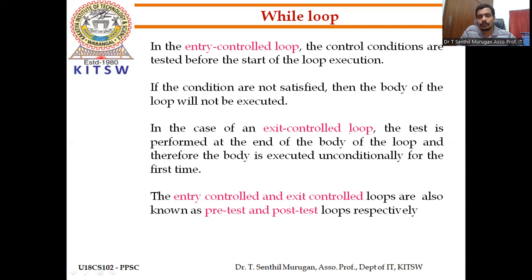In an exit controlled loop, the condition is checked at the end of the body. First the body is executed without any condition, then it checks the condition. So we can say pre-test is the entry controlled loop, and post-test is the exit controlled loop.